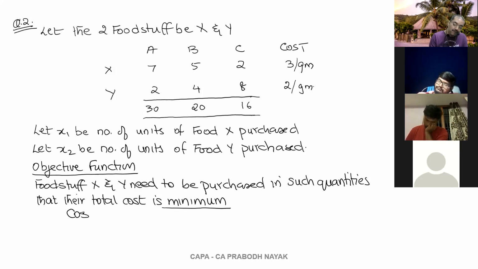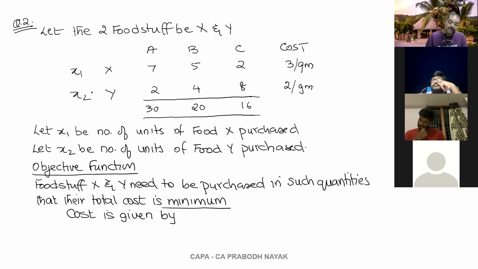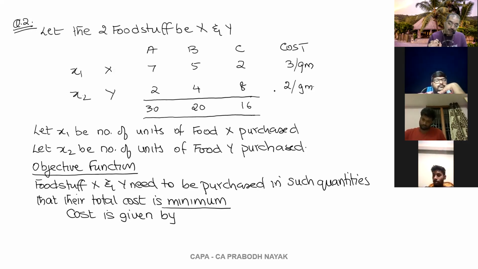Cost is given by. What did I say? Let x1 be the number of units of x and x2 be the number of units of y. So if I'm purchasing x1 units of x, then x1 into 3 plus x2 into 2 should be minimum.